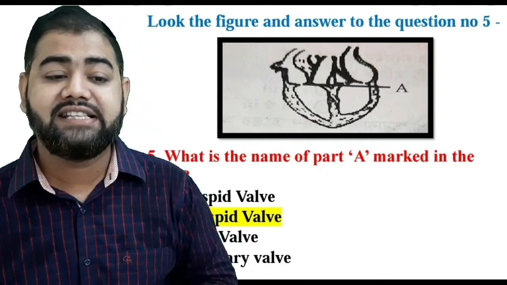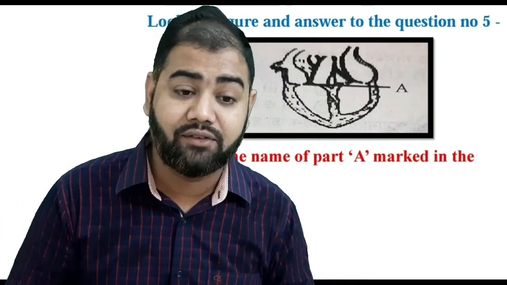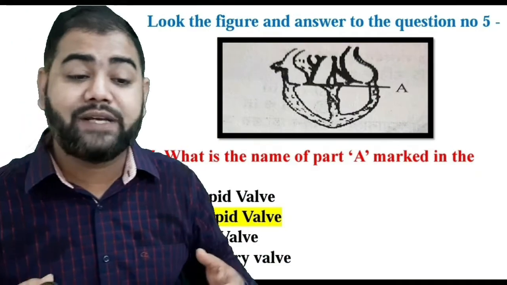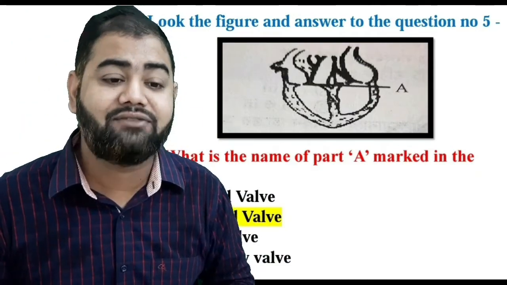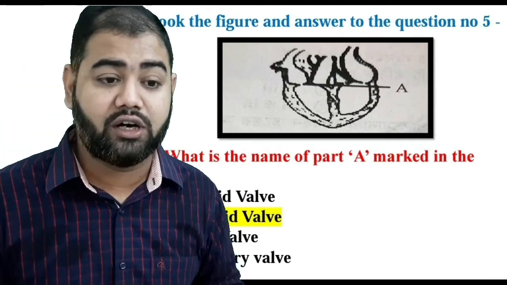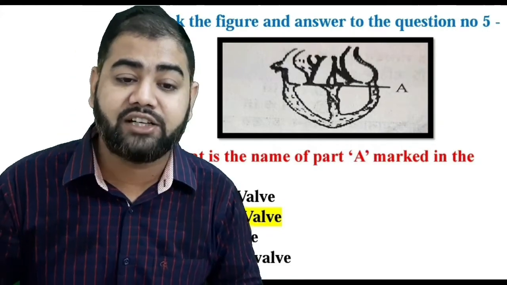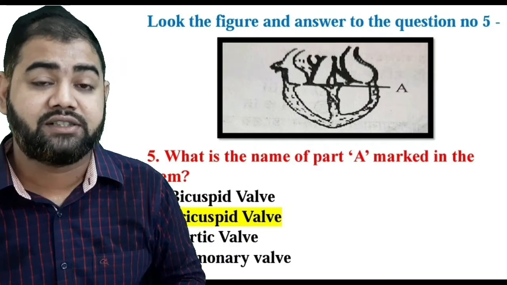The pulmonary valve is also a semilunar valve, and it lies between the right ventricle and the pulmonary artery, and it carries carbon dioxide-rich blood from the right ventricle to the pulmonary artery through this valve.